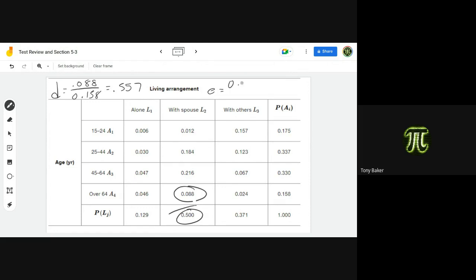So it's going to be 0.088 divided by 0.500. It comes out to be 0.176. So that's what changes. The given is always going to be your bottom piece. Okay?